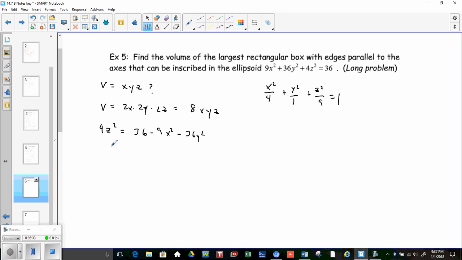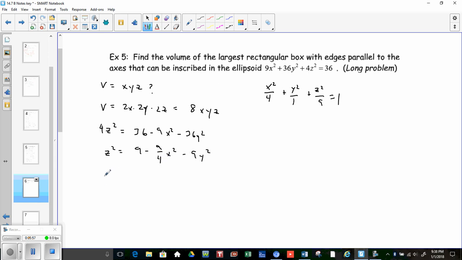Divide both sides by 4. We're going to get that z squared is 9 minus 9/4 x squared minus 9y squared. That does not really look like a 4 down there.